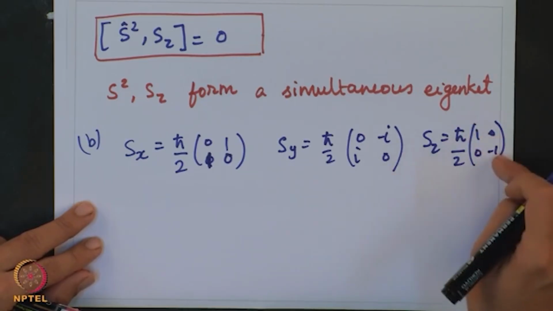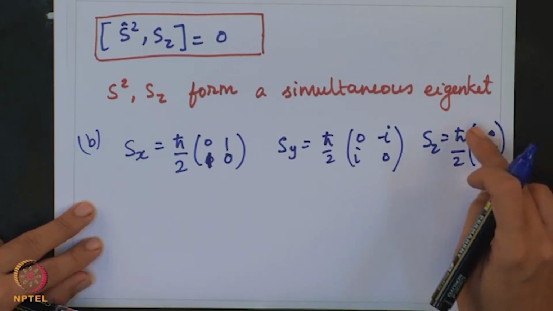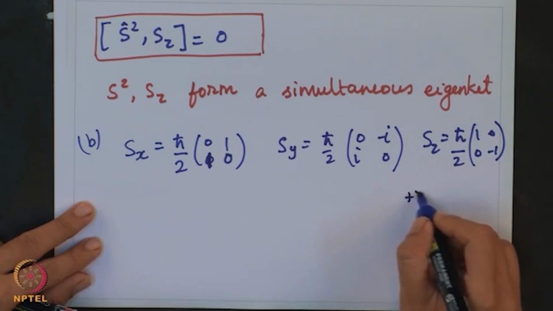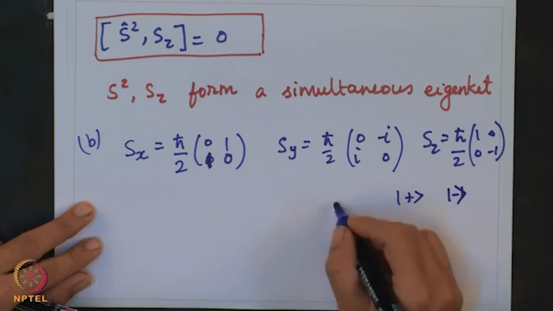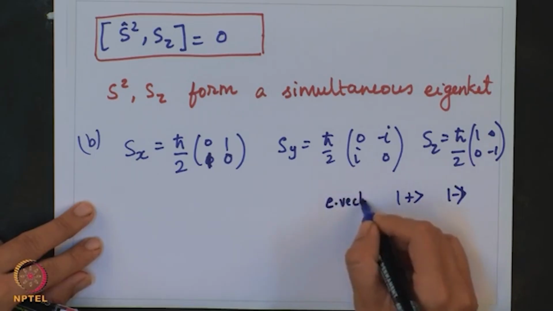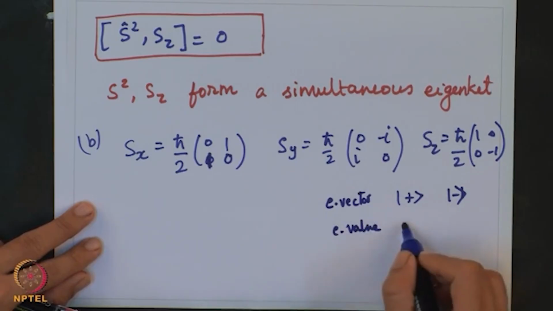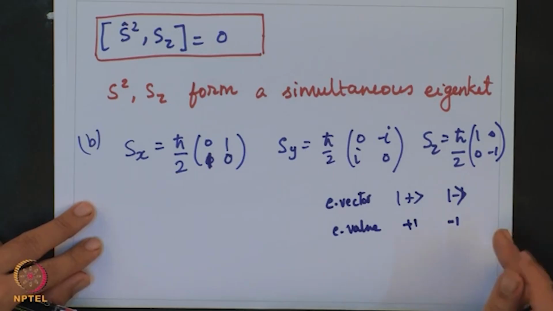So, you can infer from here that it will have eigenvalues 1 and minus 1 (times ħ/2), and the eigenvectors will be of the form plus and minus kets. So, these will be the eigenkets, and eigenvalues will be plus and minus. It is very simple to infer from this.